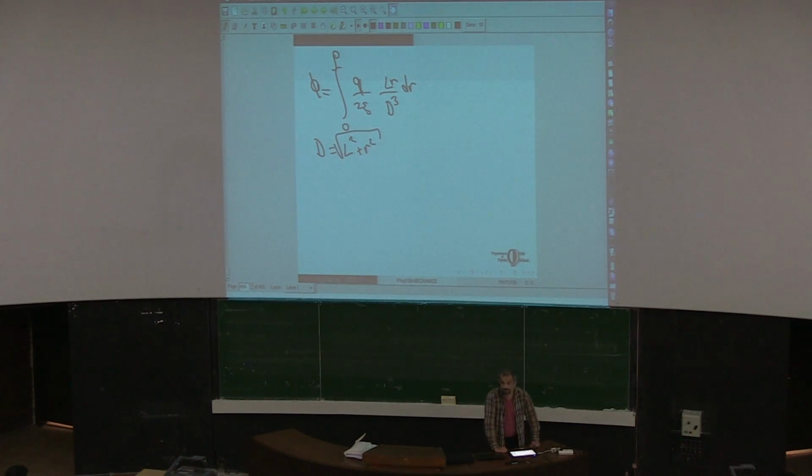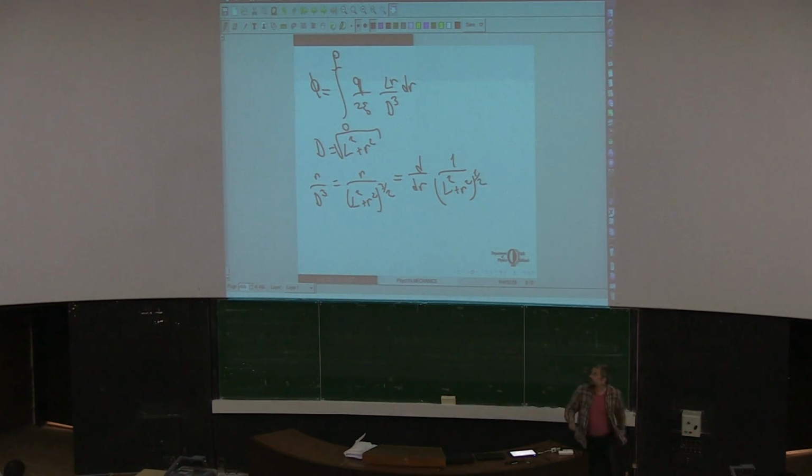So if you look at this R over d cubed term, this is R over (L squared plus R squared) to the 3/2. This term is nothing but d by dR of 1 over (L squared plus R squared)^(1/2). If you take the derivative of this term, you get minus this one, so we put an additional minus sign over here.